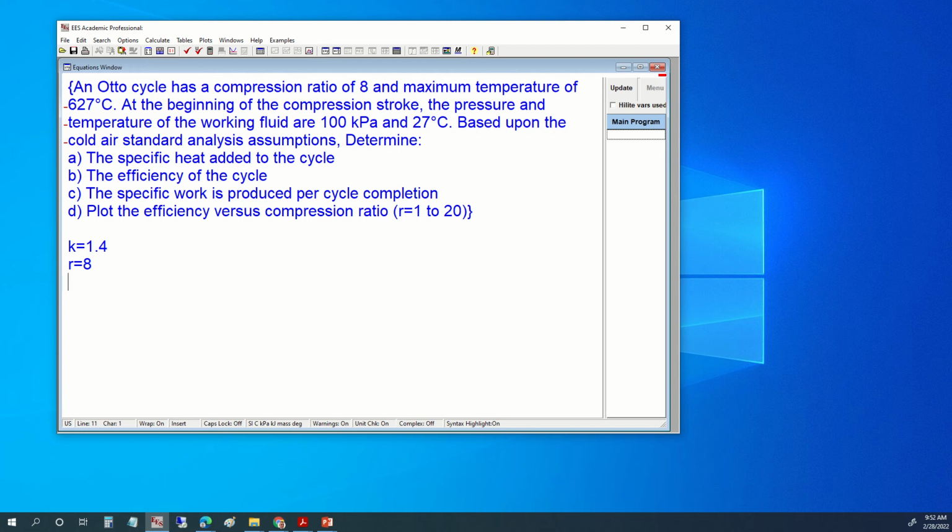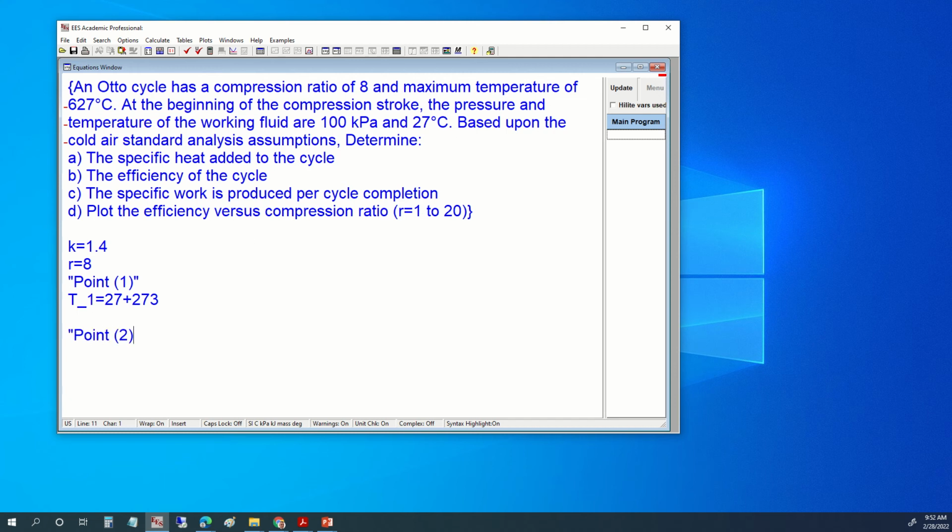So let's say point 1, and I know at this point the temperature at 1 is equal to 27 plus 273 because we solve everything in Kelvin. At point 2, what do I know?